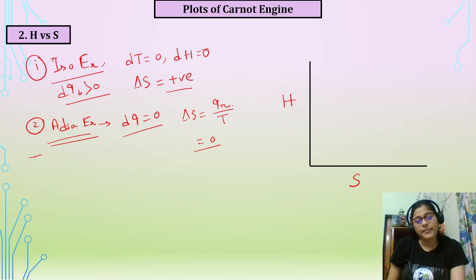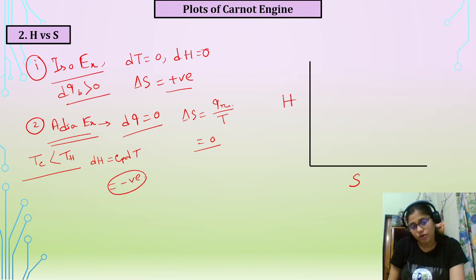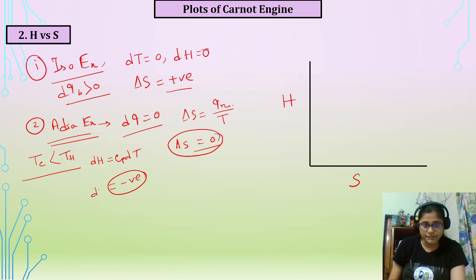Okay, Tc, the final temperature, will be less than Th. We have read about it, right? Cooling takes place, which means delta H equal to Cp dT, and dT is negative here, so delta H will be negative here. Okay, so delta S is 0, delta H will be negative.